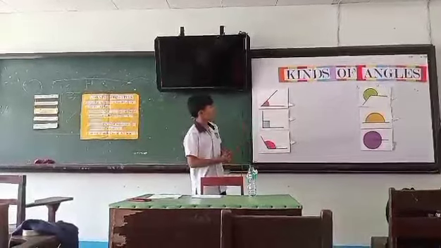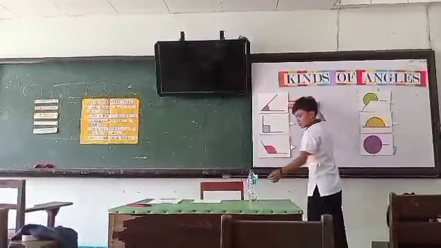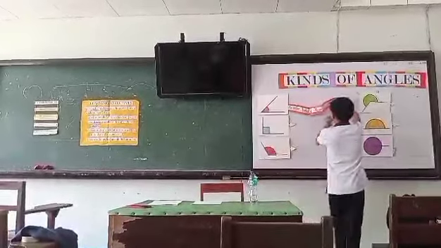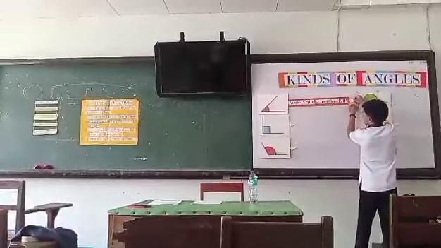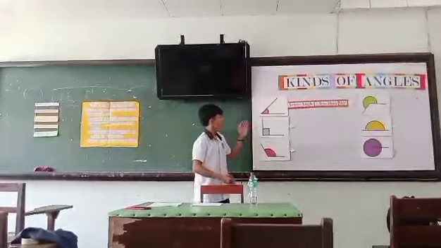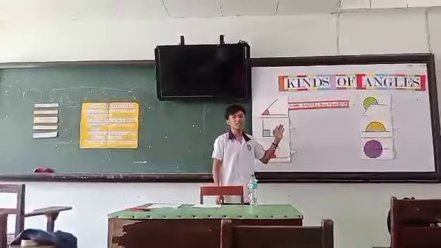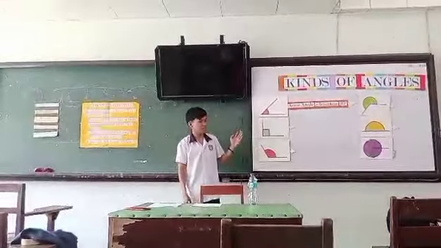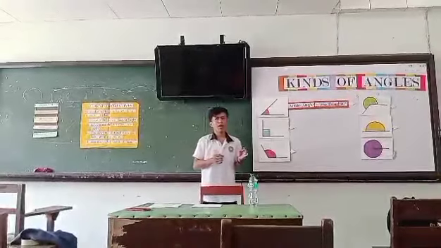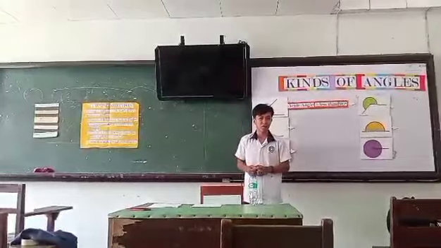So the first type of angle is the acute angle. An acute angle has a measure of less than 90 degrees. So the numbers that are less than 90 degrees are 89 and below.